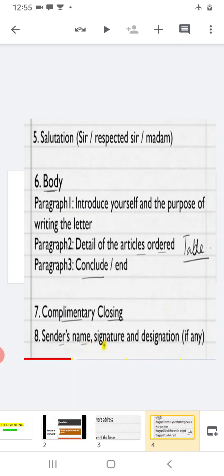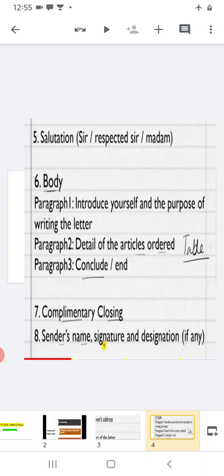In paragraph 3, you conclude your letter, writing down several points. There are around 4 value points that you have to keep in mind while writing this paragraph, that I will discuss when I discuss a sample letter.